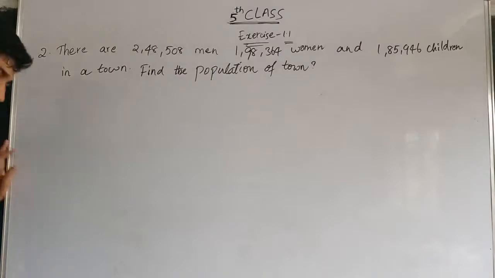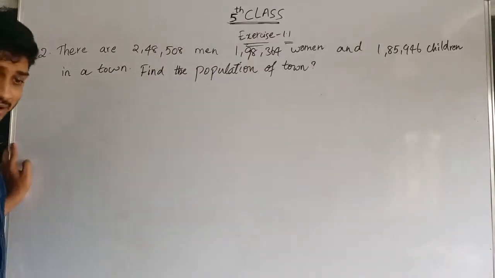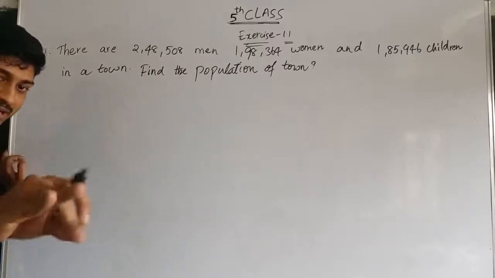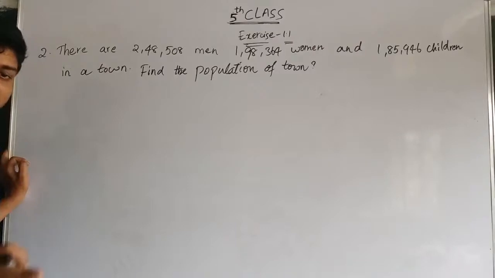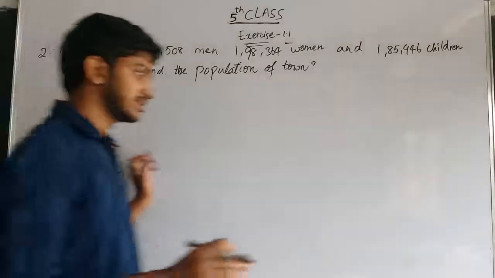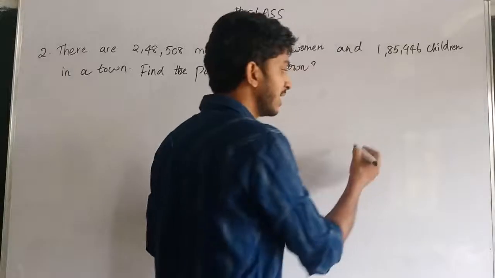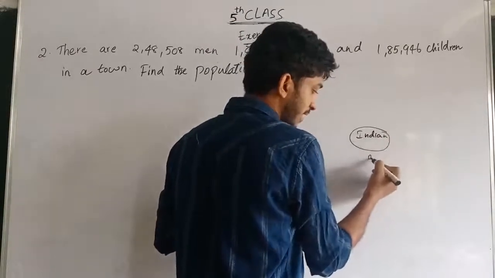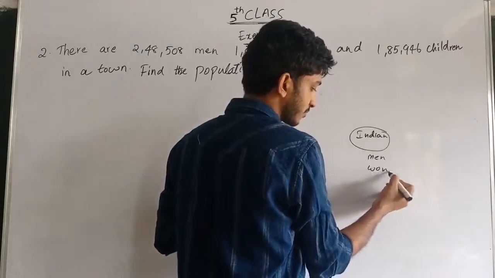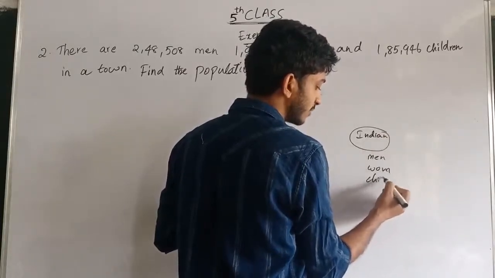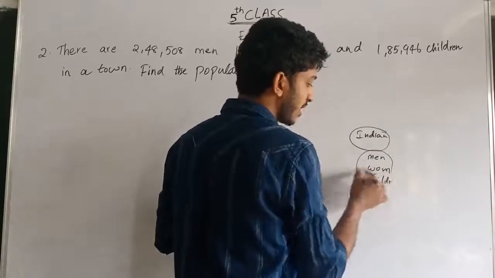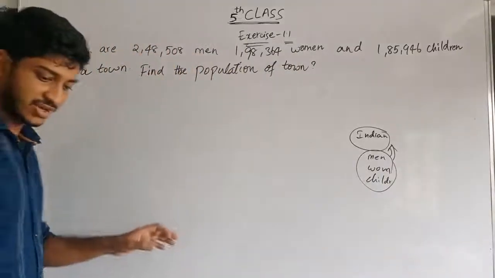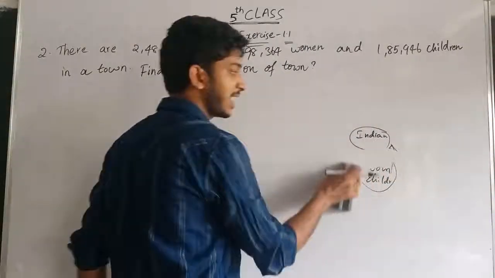Total population means men, women and children together. Indian population means in India we have men, women and also children; this total is called the total population of India. So by using these three, we have to find the total population by simply adding the numbers.